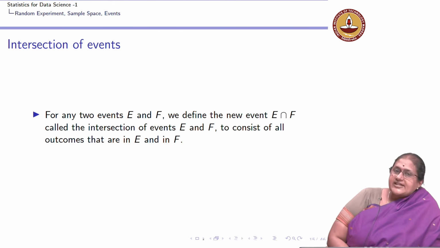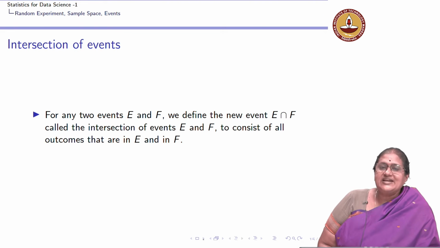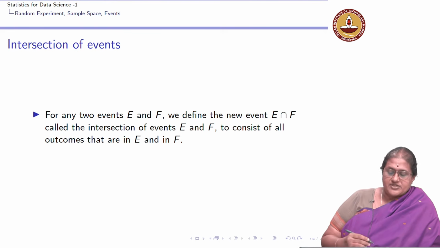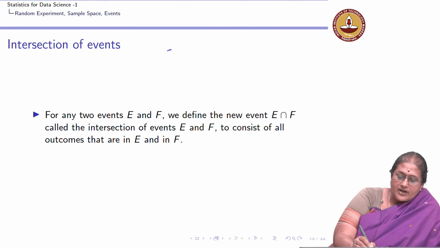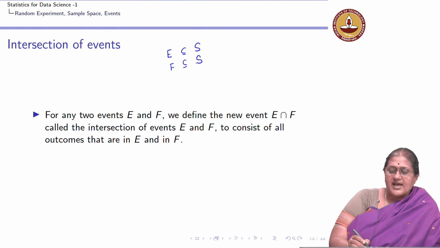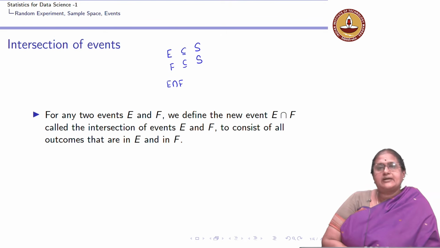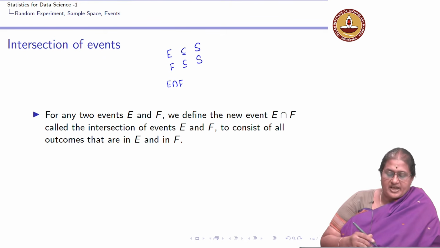Now, the next operation is what we refer to as an intersection of events. So, now given two events E and F, again these are subsets of my sample space, I can define a new event and I represent it by E intersection F.